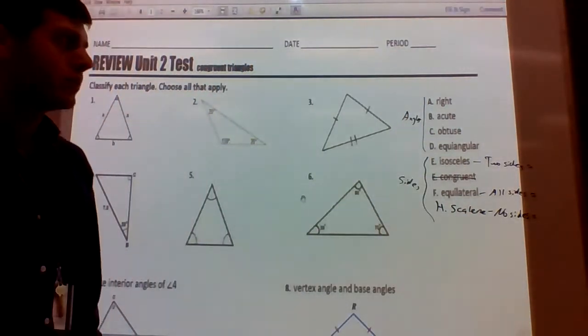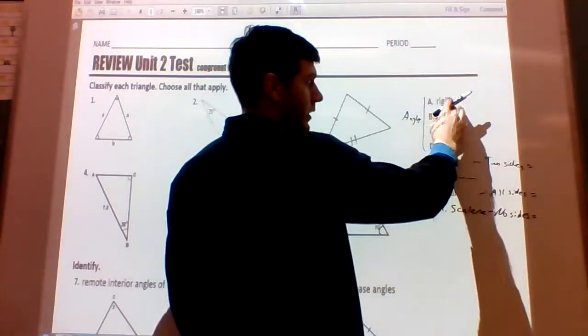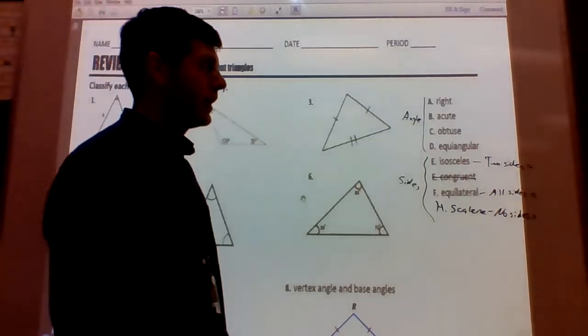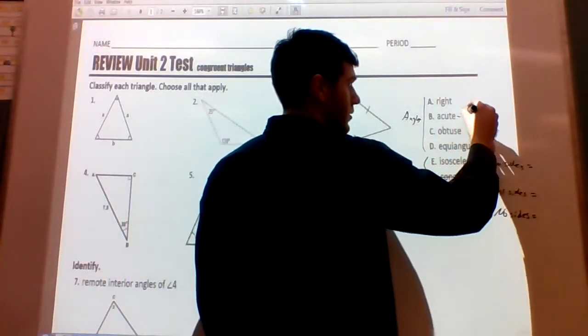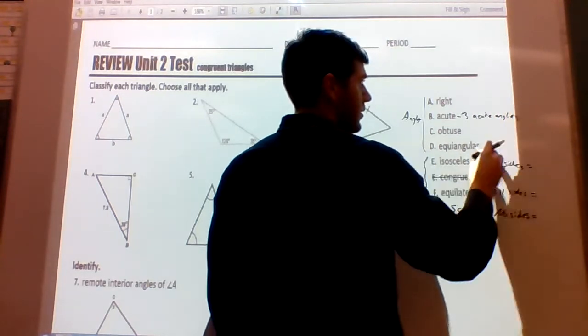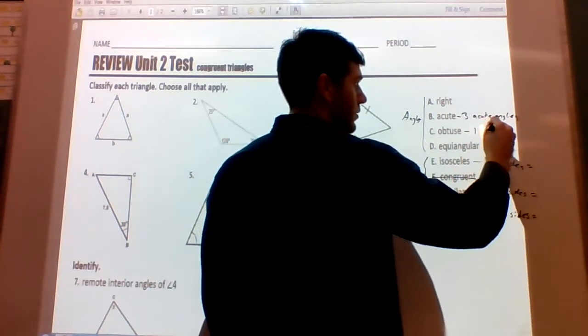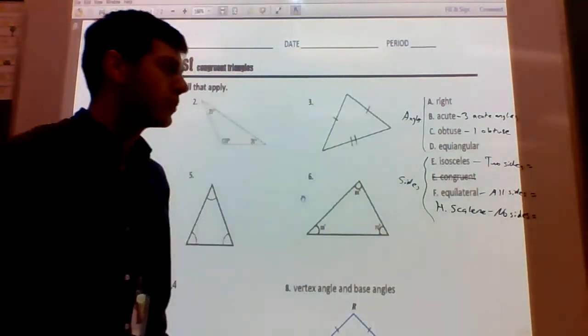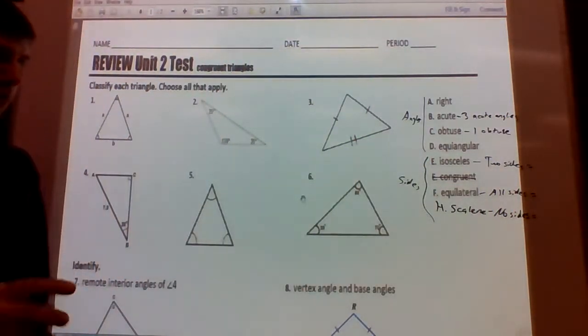A right triangle has a right angle. An acute triangle has 3 acute angles. An obtuse triangle has 1 obtuse angle, meaning the other 2 are going to be acute. So an obtuse triangle has 2 acute angles and 1 obtuse angle.